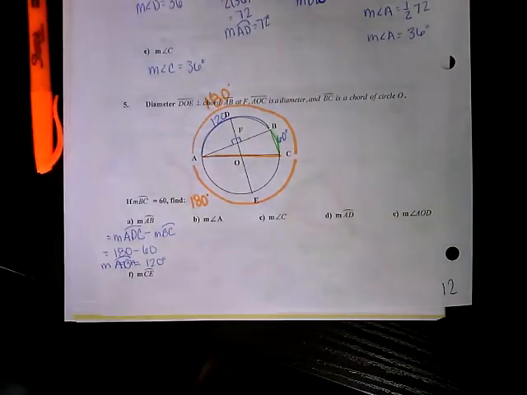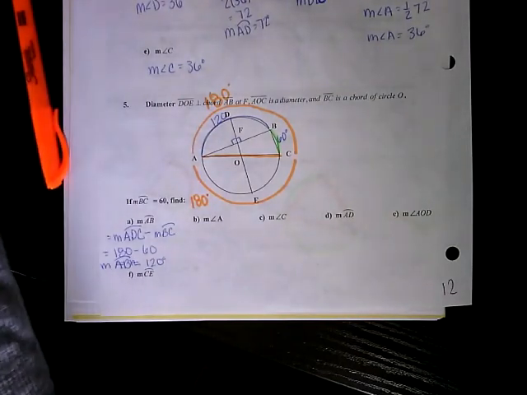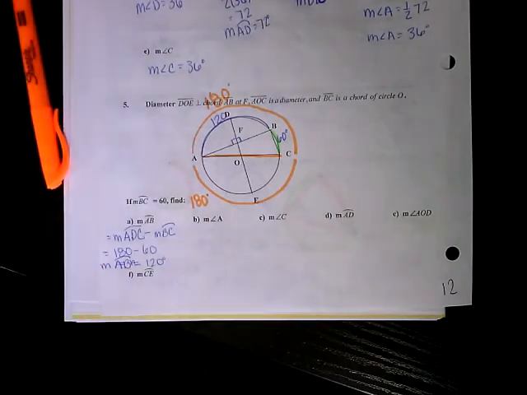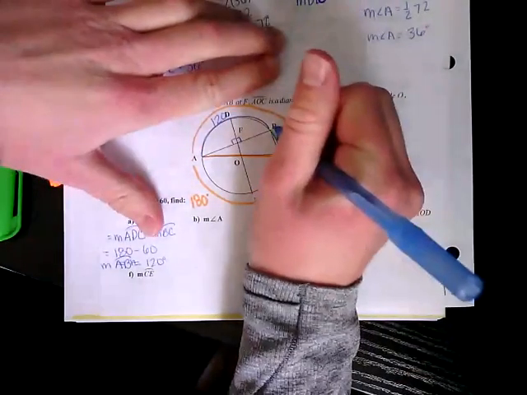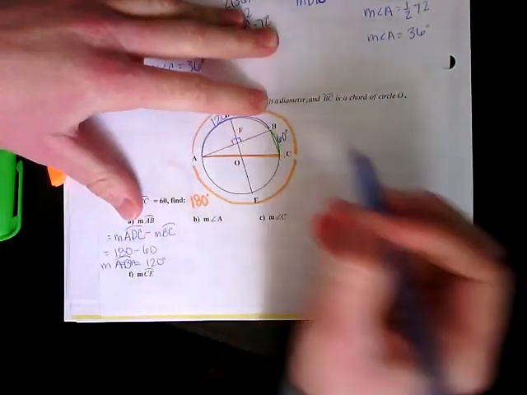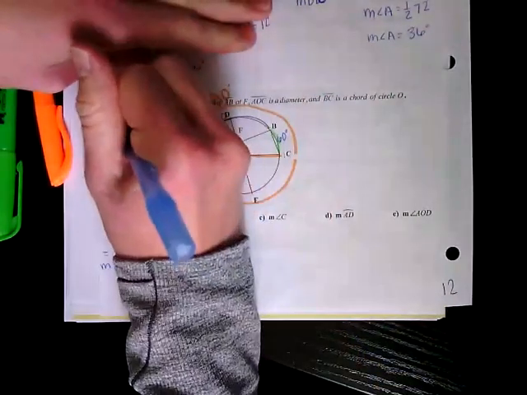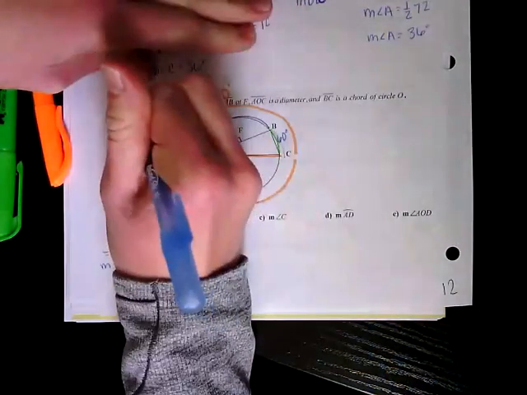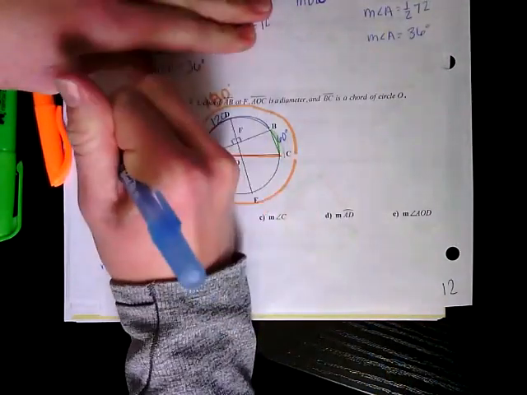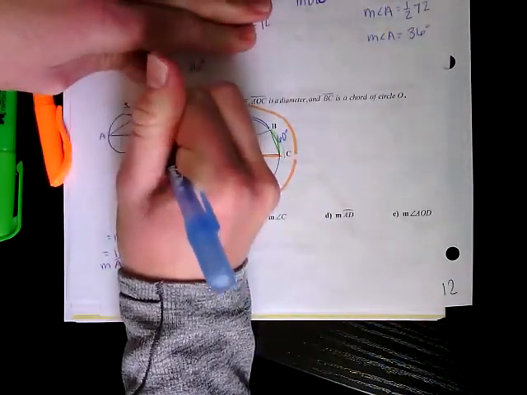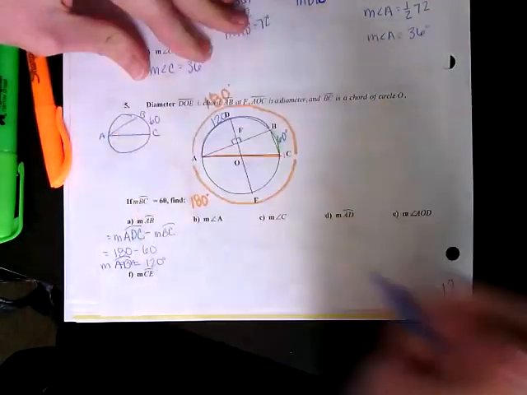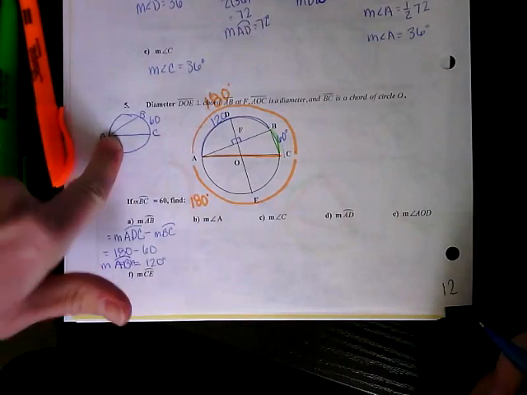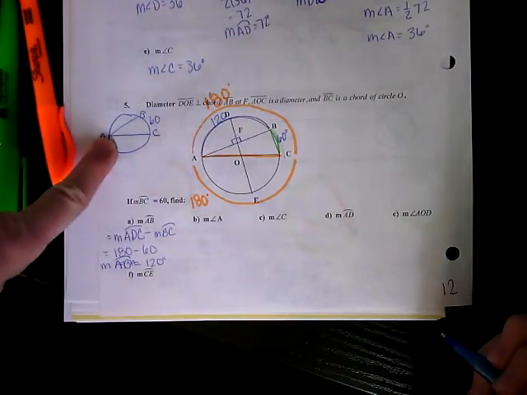Now, we want to find the measure of angle A. Now, angle A intercepts arc BC. Okay, so I'm going to redraw this so we can see it. Now, we were told that arc BC is 60. So remember, inscribed angles are half their intercepted arc.